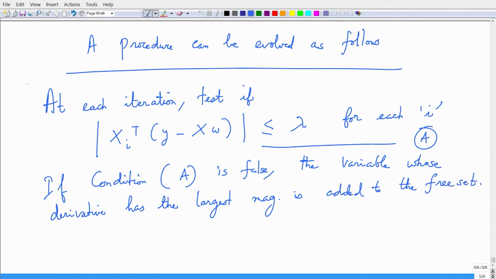That is, we consider, so I think I should make a note here, we consider all variables in the 0 set initially, is an important thing.